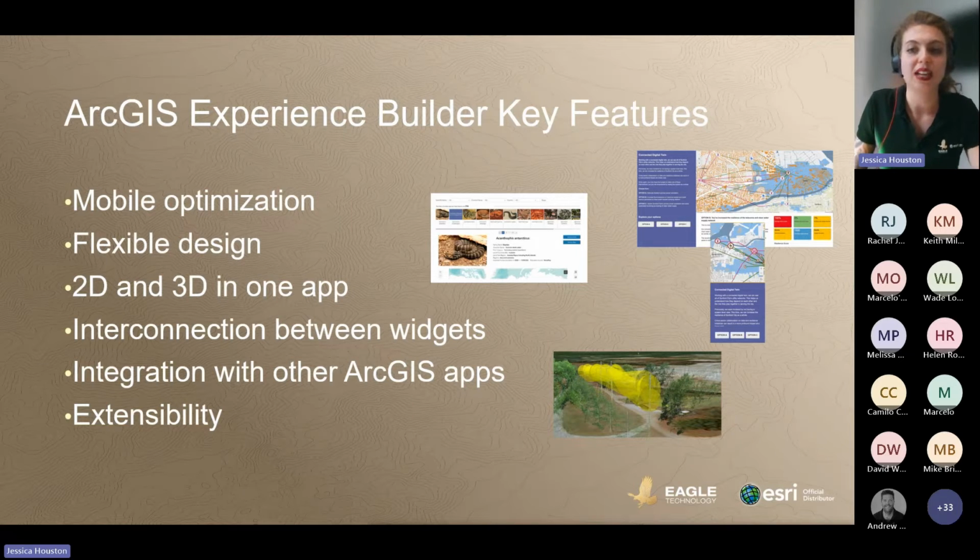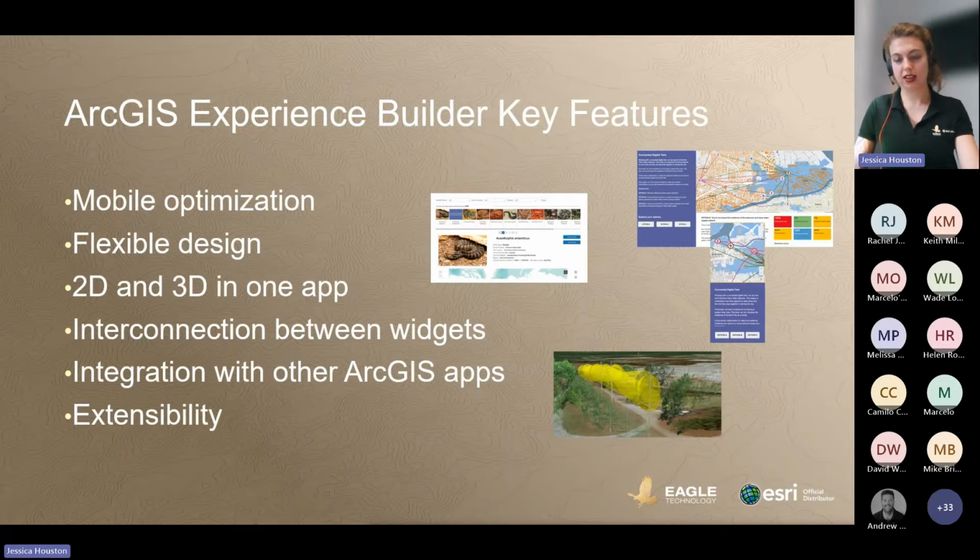We have flexible design, which means we can create our own blueprint instead of just trying to follow the same templates over and over again. 2D and 3D in one app is the DNA of the product. And then smart widgets that talk to each other, that are connected and create a cohesive workflow.